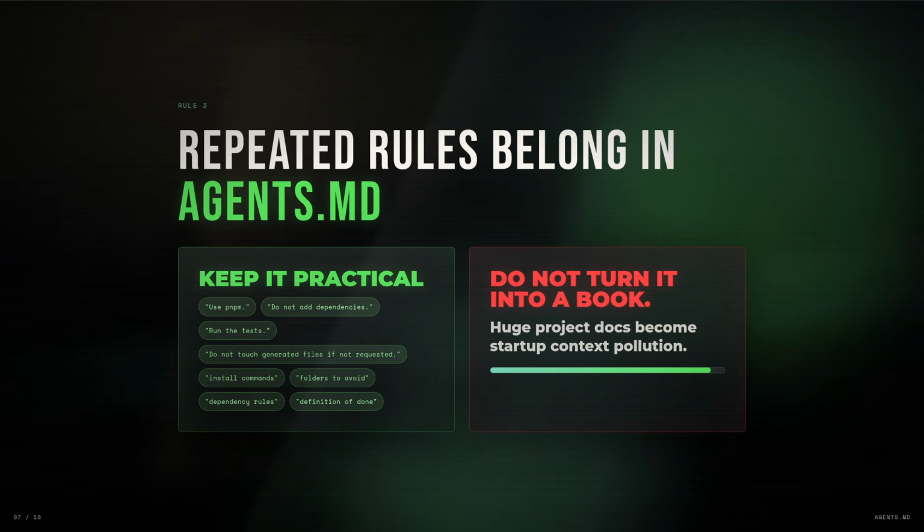If it becomes a giant philosophy document, you just move the bloat from your prompt into the startup context. So keep it practical. Good agents.md content looks like install commands, dependency rules, definition of done, and patterns that actually affect the work. The practical lesson is simple: short, accurate instructions beat long, vague instructions every time.